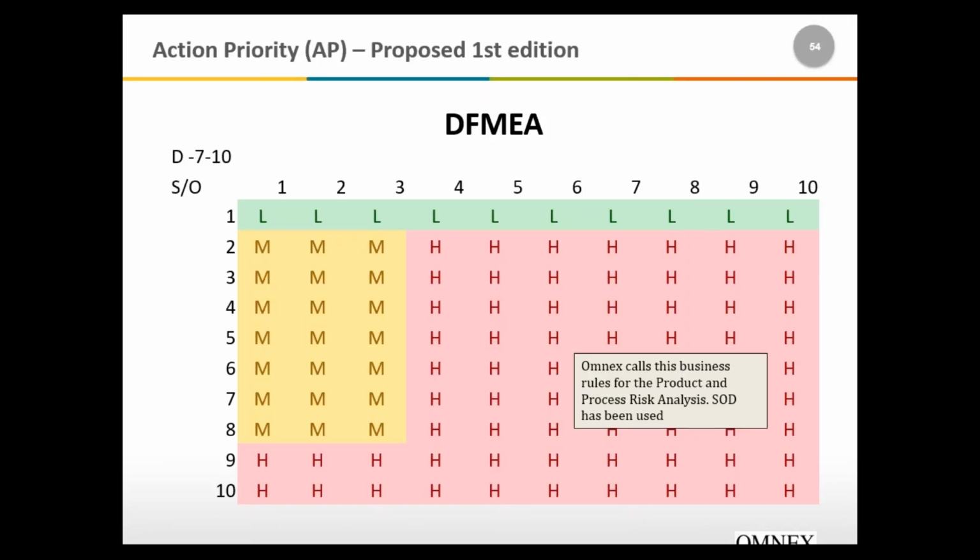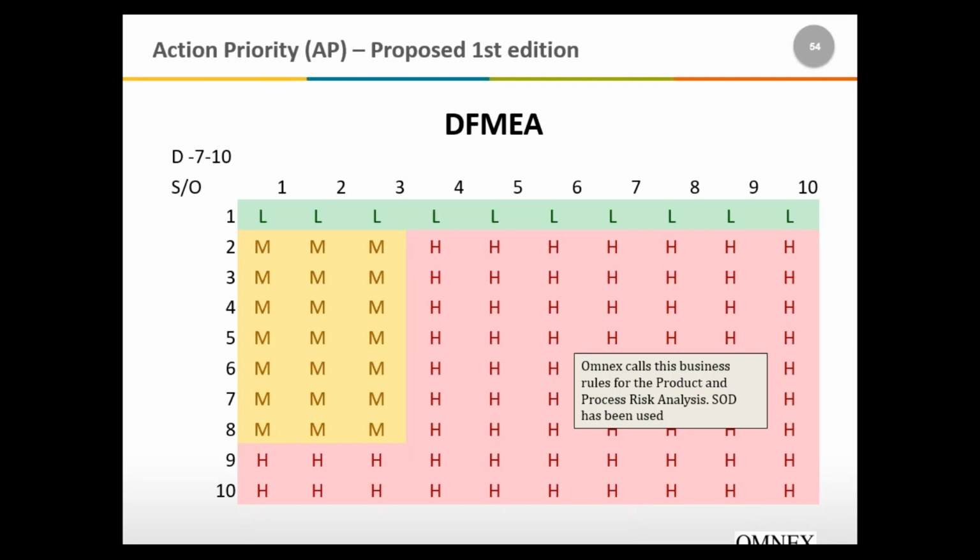And as Chad mentioned previously, we call these defining business rules of how you're going to do what you're going to do. So you see, if you have a detection value of 7 to 10, unless you have an occurrence that's 1, 2, or 3, you are at a high level of risk, and therefore you need to take some action on it.